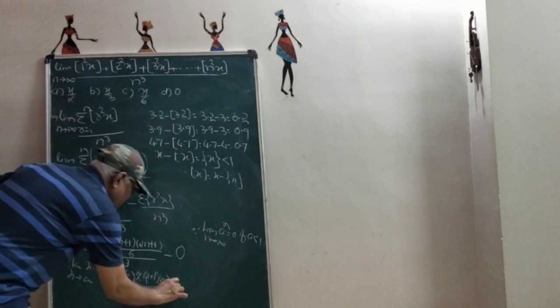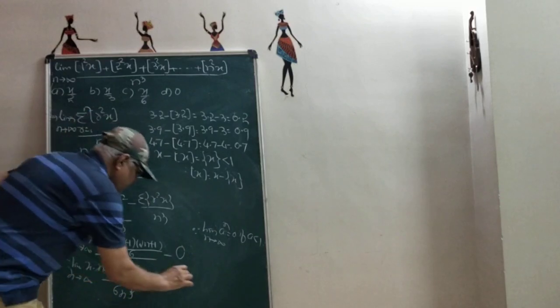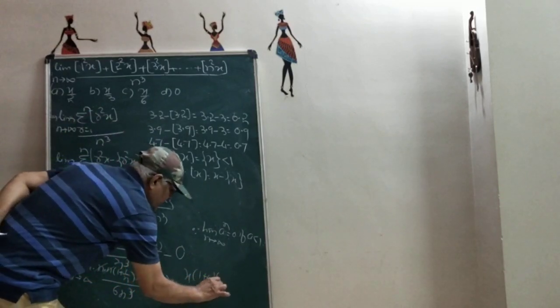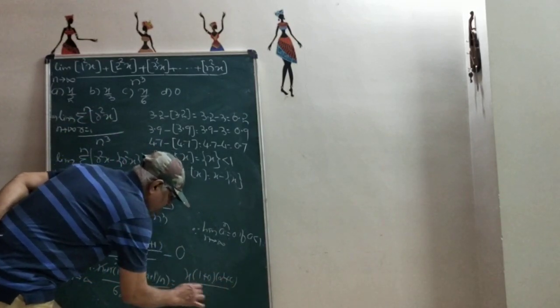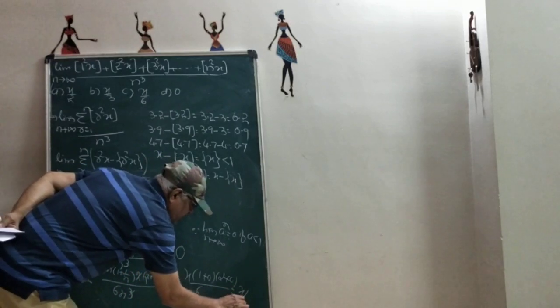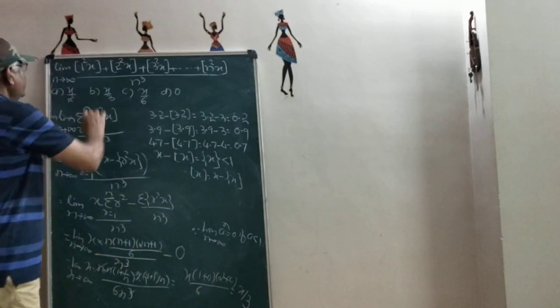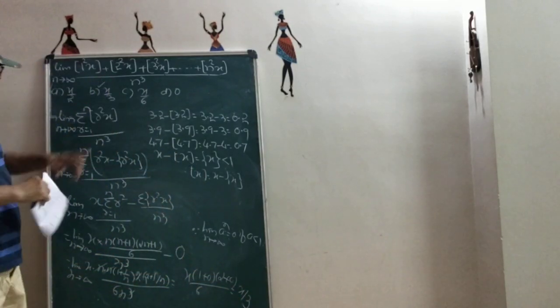That is equal to, we are left with x into the bracket 1 plus 0 into 2 plus 0 divided by 6, equal to how much? x divided by 3. So that is x upon 3, second option.